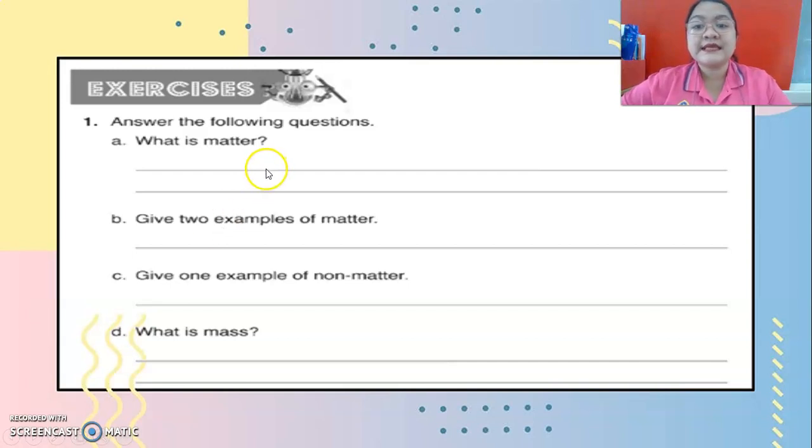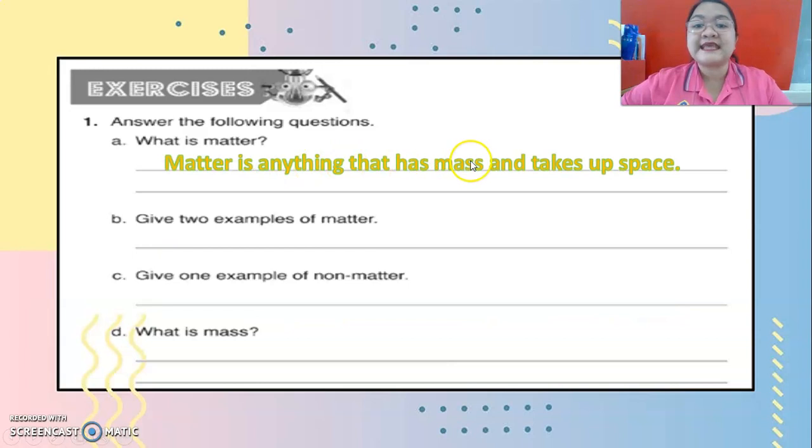Very good. Matter is anything that has mass and takes up space. Letter B, give 2 examples of matter. You can write any example of matter. Anything solid, anything liquid, or anything gas.